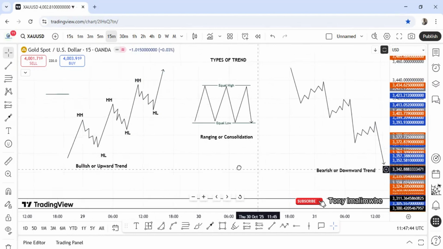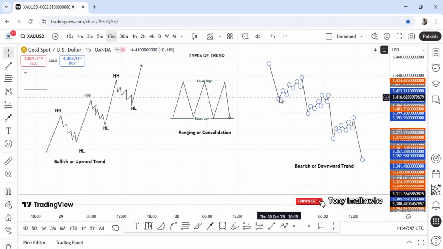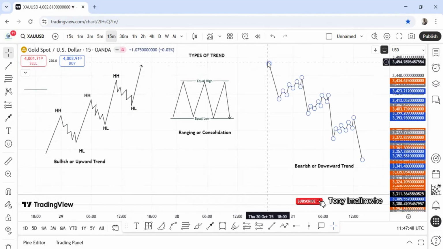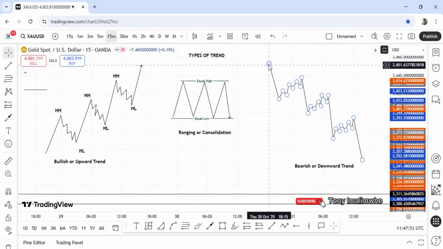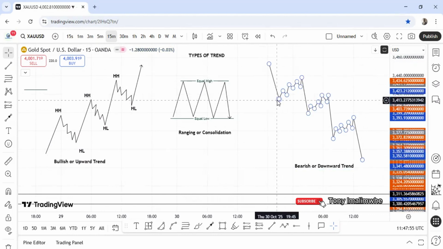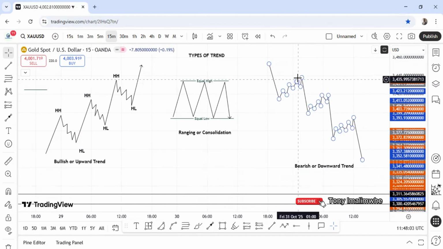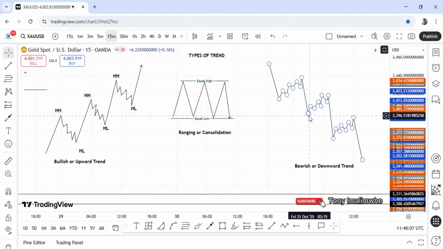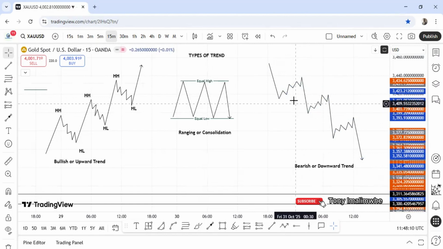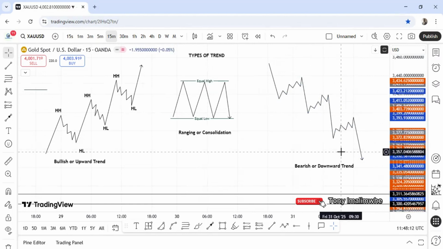And then in a bearish trend, the momentum of price is to the downside. When price moves from this price level to give a lower low impulsively and then retrace back to this price level, then come down again impulsively, this is a bearish trend because the price is to the downside.